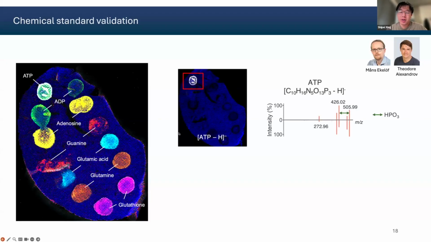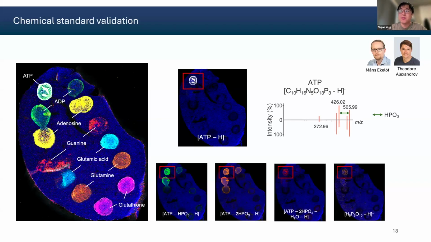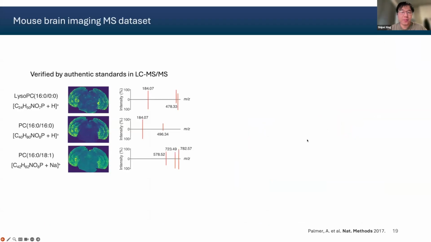Here are some other in-depth annotations of ATP, where we observe other in-source fragments, say a loss of one phosphate group or 2 phosphate groups, or with another water loss as well. With all these ion images correlated together, we were able to create such a pseudo-MS2 spectrum and give an annotation of the ATP molecule. So this really gives us more structural insights instead of just a molecular formula.